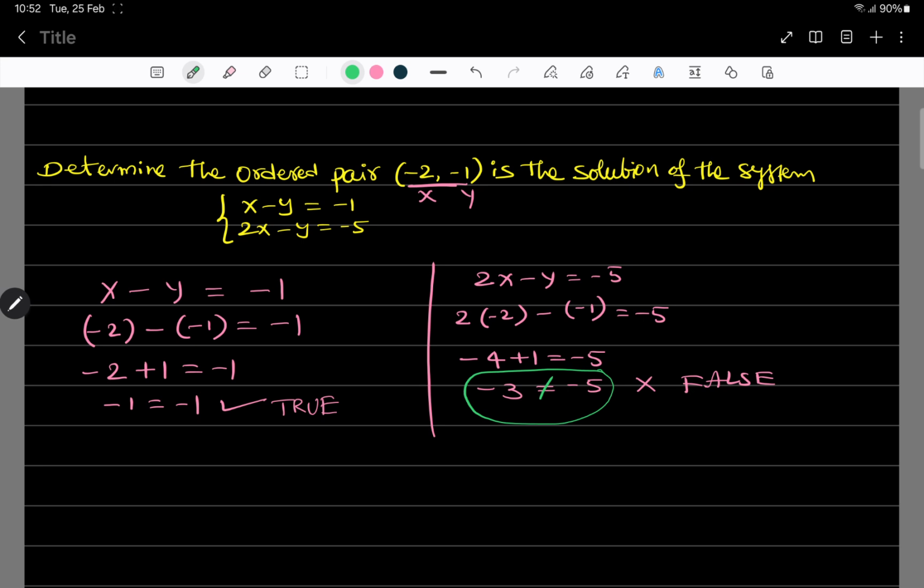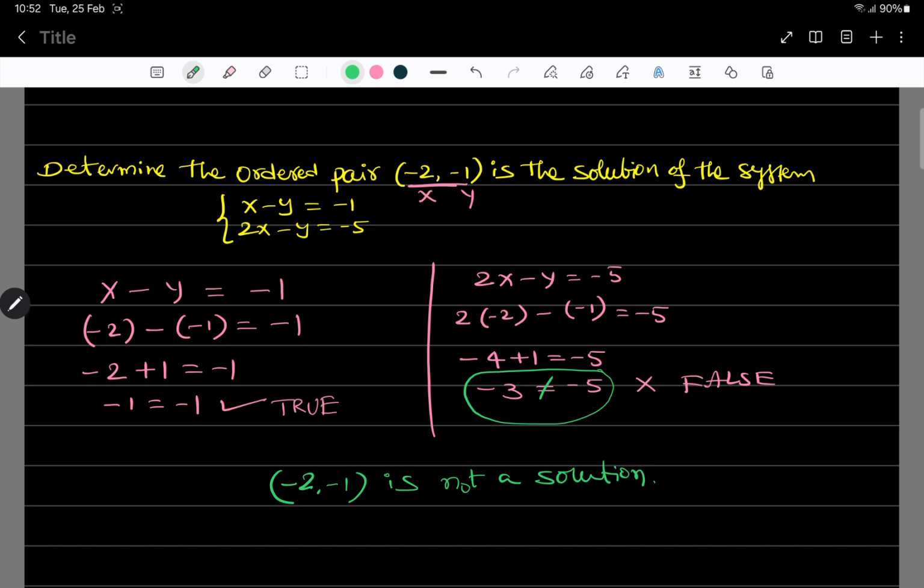So what is our conclusion? Minus 2, minus 1 is not a solution. So like this we can verify whether the given point is a solution of the given system or not.